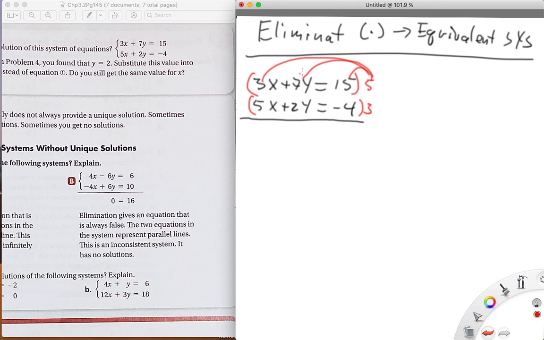So basically I'm using the distributive property, and I'm going to have an equivalent equation. 15x plus 5 times 7 is 35y, and then 5 times 15 is 75. Down here, I'm going to do the same thing. I'm multiplying the whole equation by 3. 3 times 5x is 15x. 3 times 2y is 6y. Oh, this should be 35y.